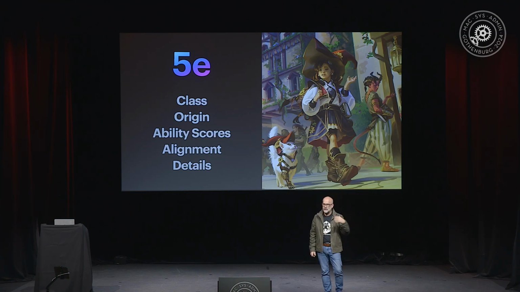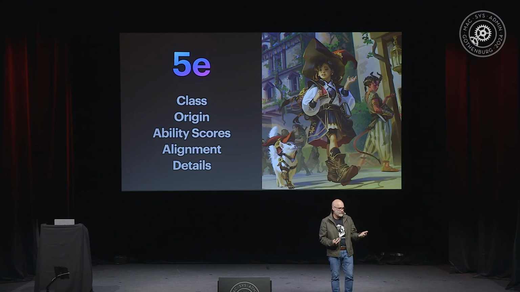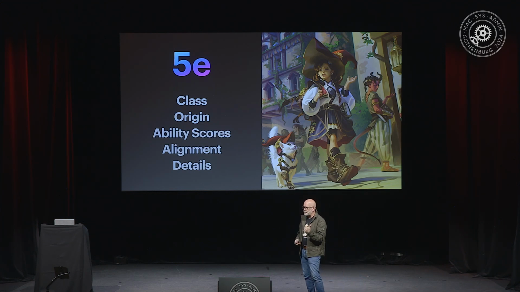And origin is a combination of your species. They dropped the term race because of its connotation in the real world and just use species now instead. And it's a combination of your background and your species. And you mix and match these things to create the kind of character you want to be and be the person you want to be and tell the story that you want to tell.